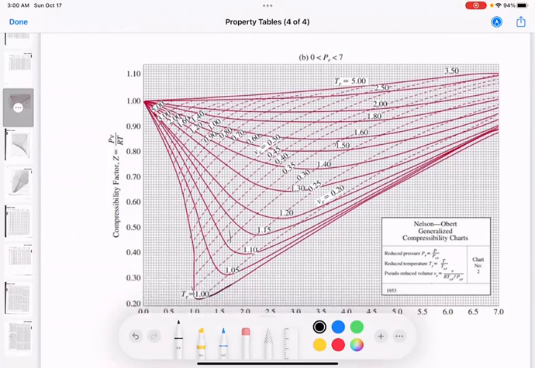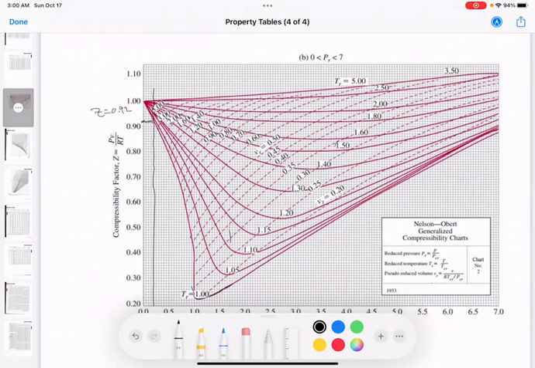And then we had 0.2 as our reduced pressure, which is about here, somewhere on this line. All right. So if we see where the two intersect, we can see they intersect right around here. So we have a Z value of about 0.92. So Z equals 0.92.